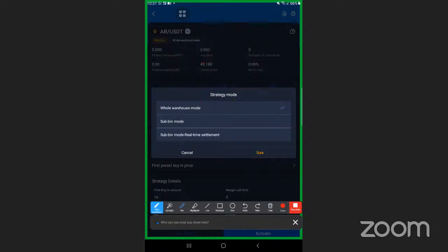Once the robot buys margin call 1 to 5, you cannot change it from warehouse mode to this one. You should activate it here before you click start. But if you have forgotten, please make sure that before it buys margin call number 5, you come and change the strategy mode. Because once it buys margin call number 5, you can't change.